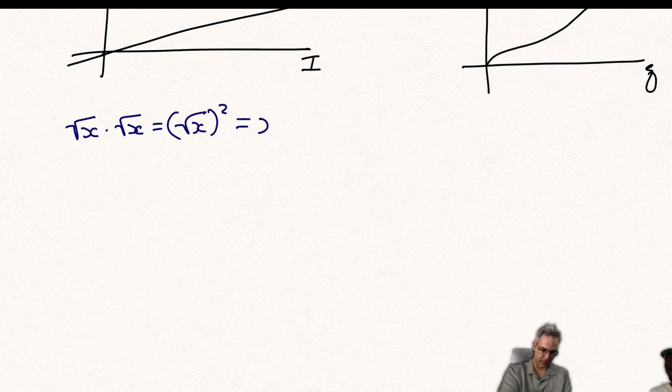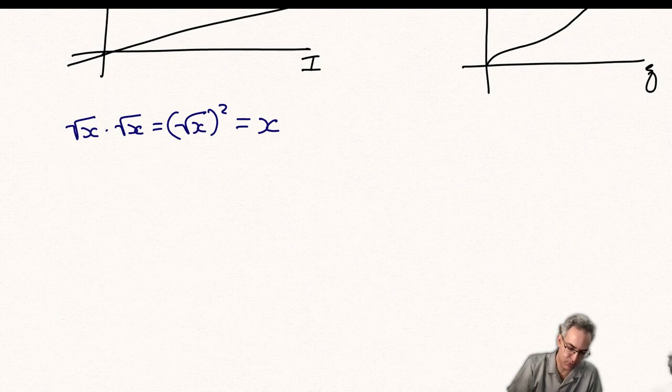Because the square root of x is the number which, if I multiply it by itself, gives me back x. That's the definition of the square root. So the square root of 4 is 2, because 2 times 2 is 4. The square root of 9 is 3, because 3 squared is 9.